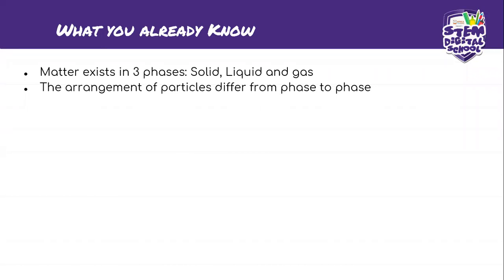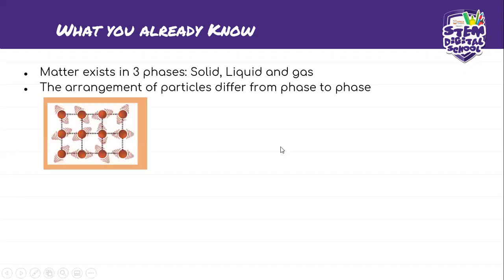Here is the first picture. This is an arrangement of particles. Does it indicate an arrangement of particles in a solid, liquid, or gas phase? You can use the group chat to send your answers. Do the particles in this picture indicate the arrangement of particles in a solid, liquid, or gaseous phase?